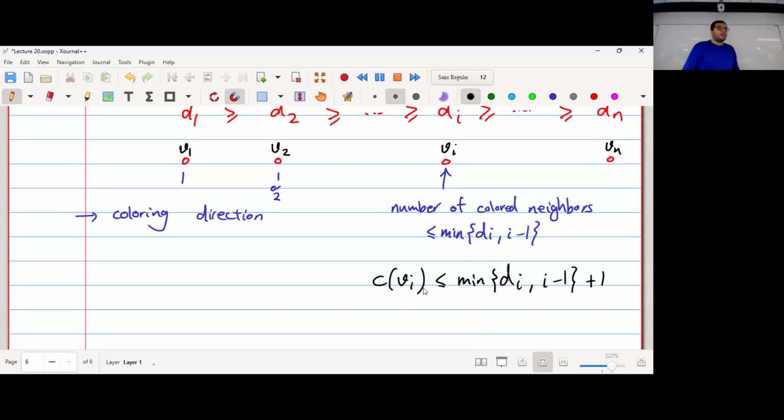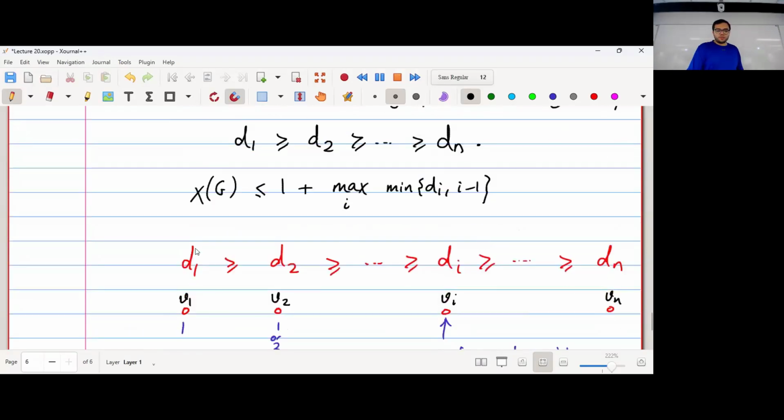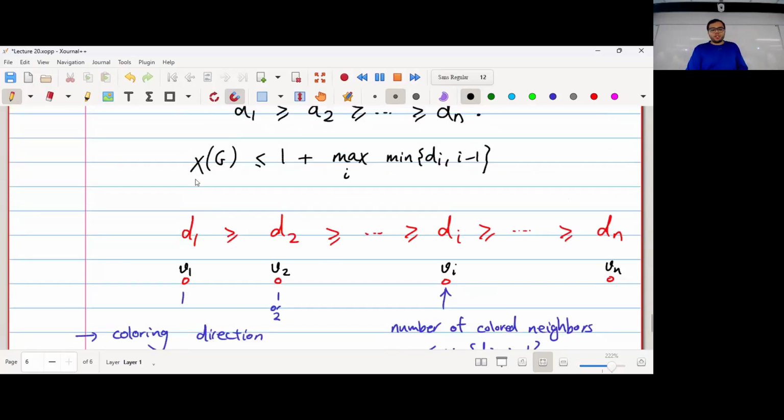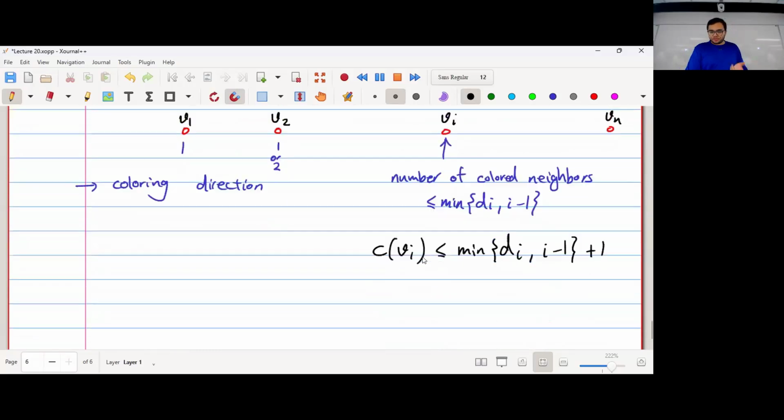Okay. Now, what did I want to prove? I wanted to prove that my chromatic number is at most this. Now, I have a way of coloring my graph. I can just color my graph and I can ask what is the largest color that I have used, right? I don't know if this coloring is optimal or not, but that largest color is going to be greater than or equal to the chromatic number, because maybe my coloring is optimal, maybe it's not. So what is the largest color here?